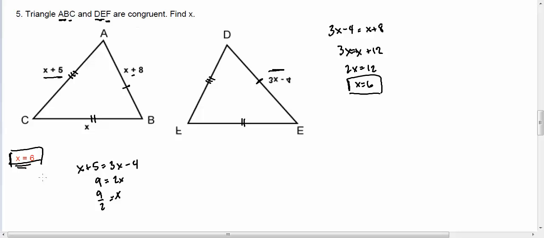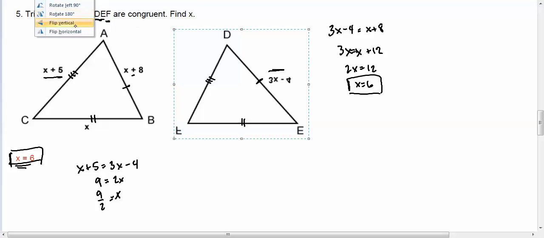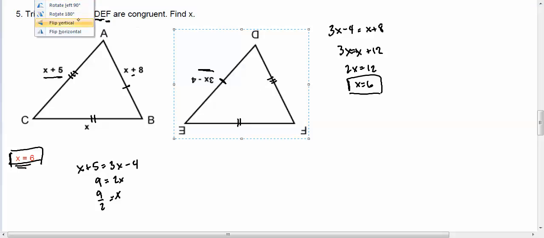It didn't seem like this is a worksheet that's trying to teach you never to trust a picture. I think that all that happened here was in the original triangle. Let's rotate this guy back one more time. I'm going to flip them horizontally, then rotate. There we go.